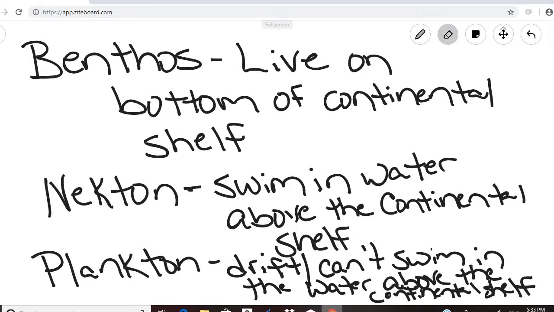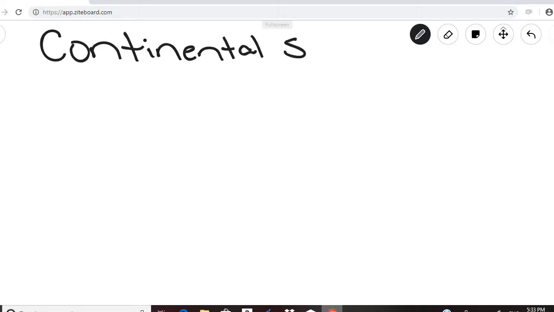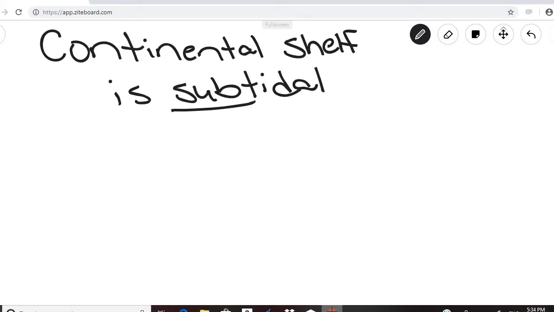We would say that the continental shelf is subtidal. You probably know that the word sub means under. So in other words, the continental shelf is under the tide.